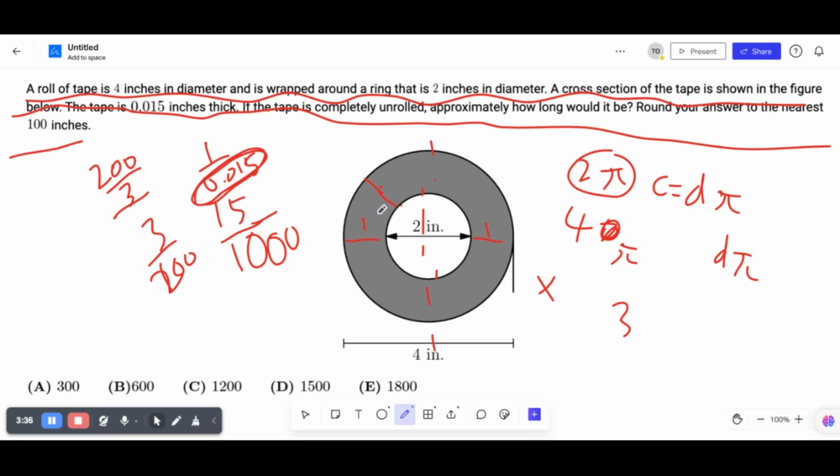So like if you have two next to each other, basically, their centers are just 0.015 apart, even though they're touching. Like this side to this side is 0.015.